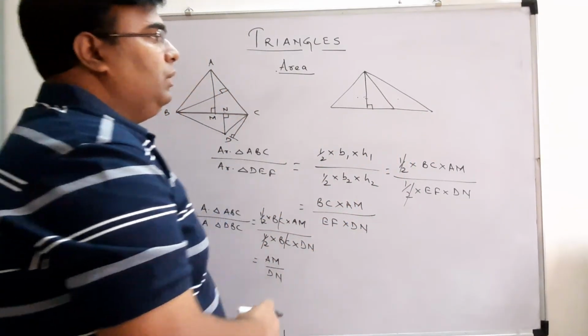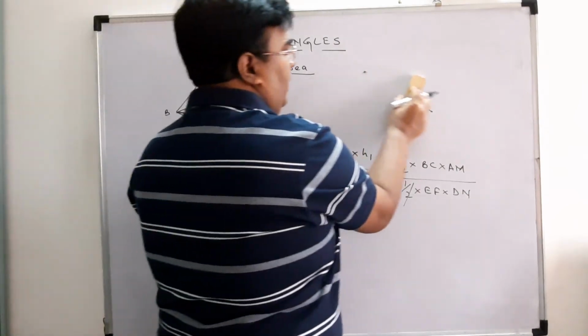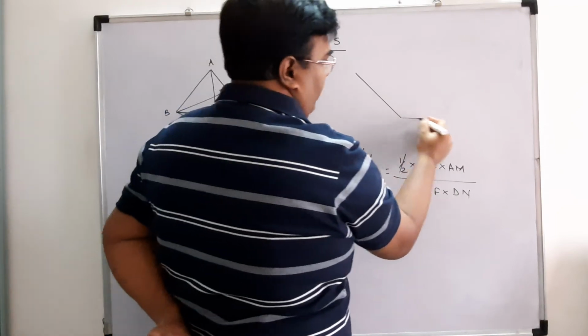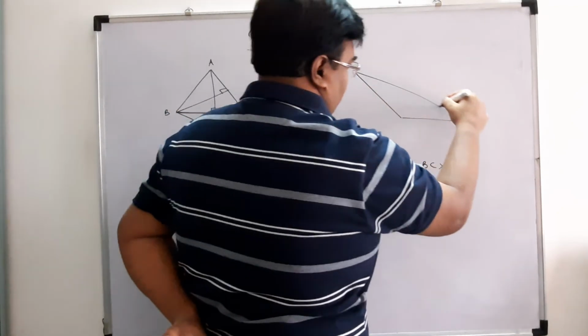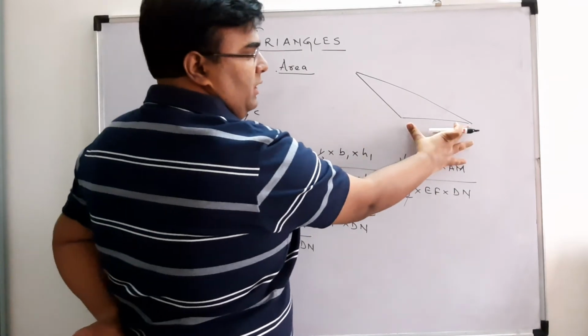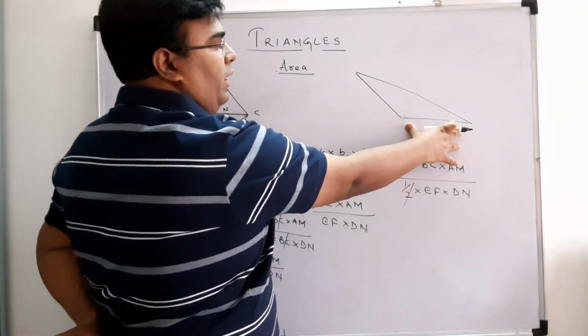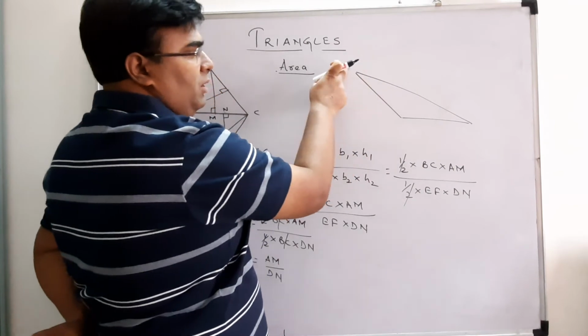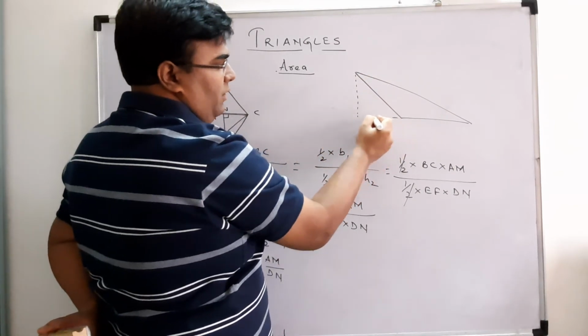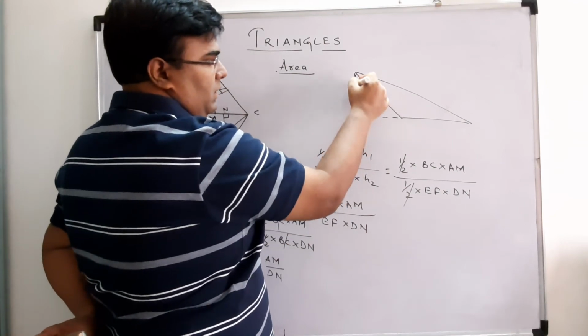Okay, so remember one thing, suppose my triangle is an obtuse angle triangle. If I want to take this as a base and I want to draw the height which is perpendicular from this point, this height will come outside the triangle. This is my height.